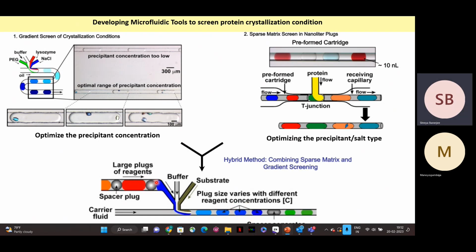Then after a spacer plug, you can have a second kind of reagent and repeat the procedure and find the optimum crystallization condition in the second reagent. So like this, in microfluidics, several different conditions can be optimized using the hybrid method. And you can find the best conditions to obtain the best crystals.